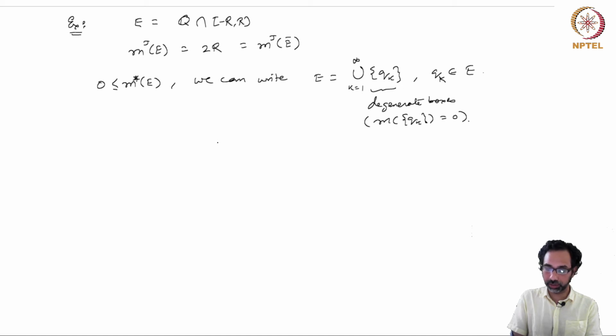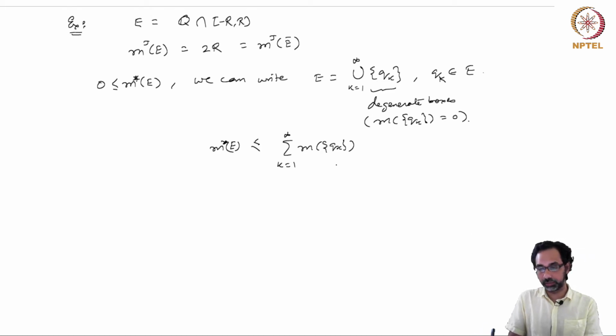So m*(E) is less than or equal to the sum of the measures of these sets Q_k, k from 1 to infinity, because this is a disjoint union, and our m*(E) was the infimum over all such unions of boxes which cover E. In particular, this union of Q_k's is a covering of E by degenerate boxes, and so m*(E) is less than or equal to the sum of the measures, but each one of them is 0, so this sum is 0.